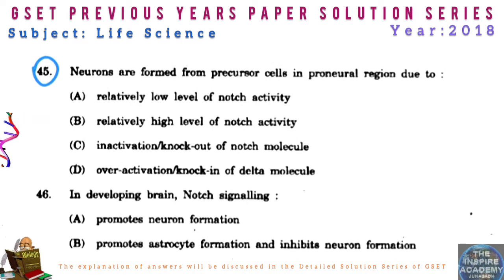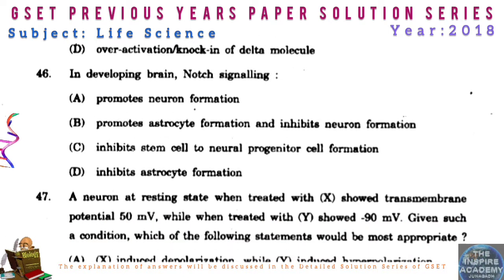Neurons are formed from precursor cells in proneural region due to relatively low level of notch activity. Question number 46. In developing brain, notch signaling promotes astrocyte formation and inhibits neuron formation.